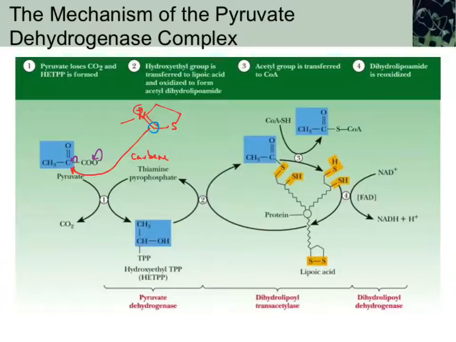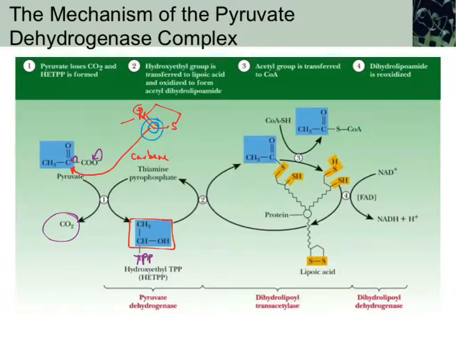So we end up ejecting CO2. So there's the loss of CO2. As a necessity, though, our acetyl group is now attached to TPP through the carbene carbon that we circled earlier, up at the top.